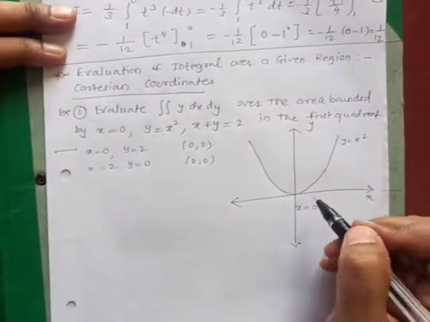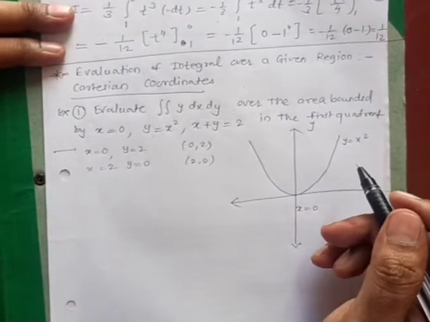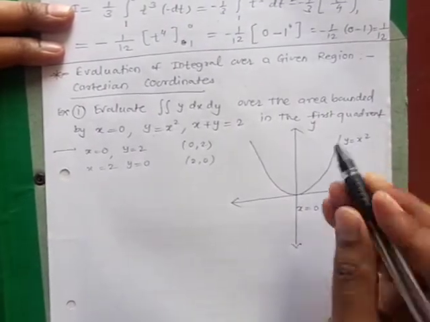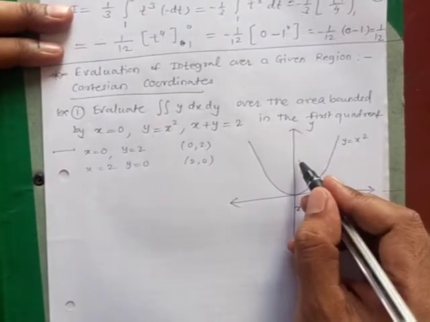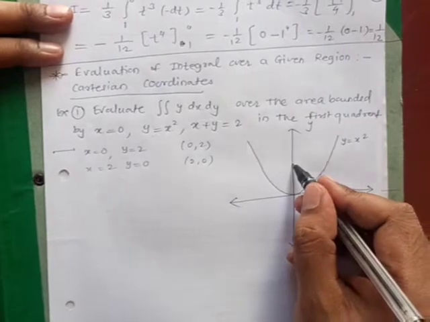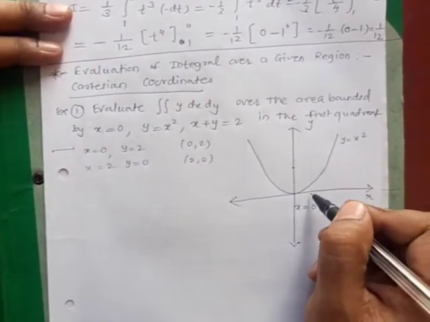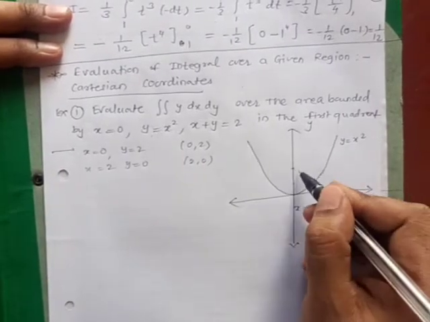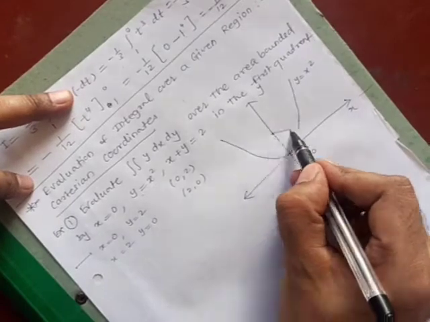Somewhere here 0 comma 2 and 2 comma 0, somewhat like this. Right, this line will go like this.